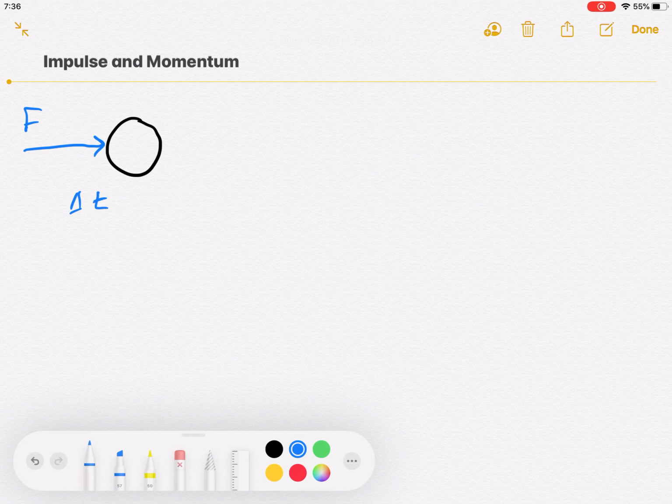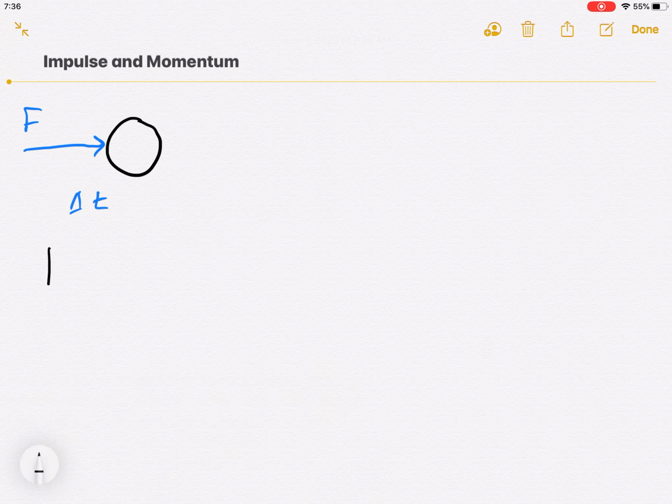It turns out if you plot force versus time, and you could even imagine maybe the force has a beginning, right? At some point, maybe you push on this ball, right? So just as you start to push on it, the force is 0 before you're touching it, right?